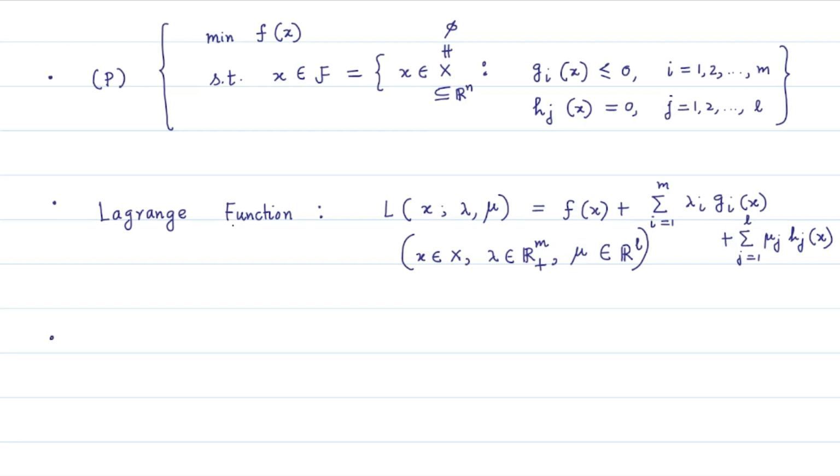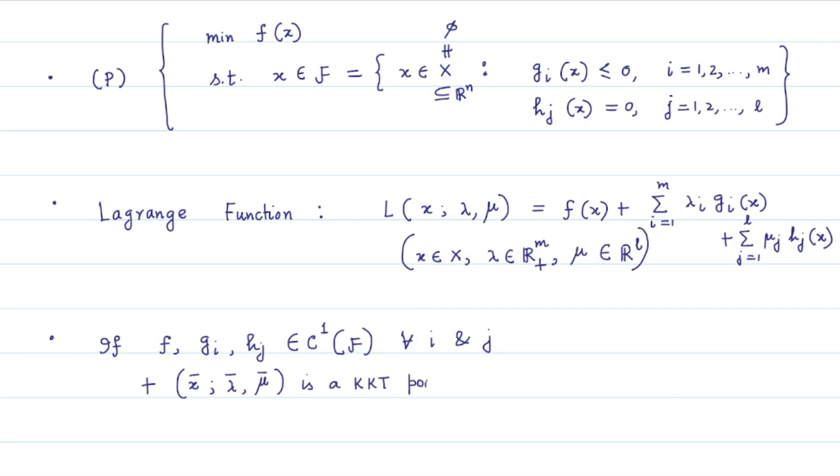Now, given this definition of the Lagrange function, we have seen that if the objective function and constraint functions are C1 functions inside the constraint set capital F for all i and for all j's, and the point x bar is a KKT point associated with the Lagrange multipliers lambda bar and mu bar, then the point x bar, lambda bar, mu bar must be a stationary point of this Lagrange function.